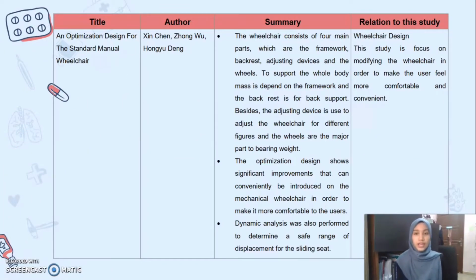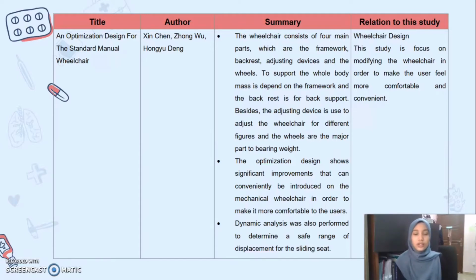The summary is that the standard manual wheelchair is commonly found in hospitals, senior housing, and other places, allowing people with disabilities and elderly people to move from one place to another. Hence, to support the whole body mass depends on the framework. Another part consists of the mechanical wheelchair backrest, adjusting device, and the wheel.